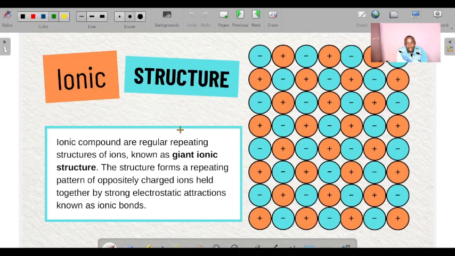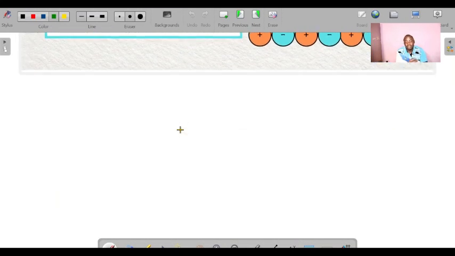So for any compound that we can imagine made up of a metal and a non-metal, we can have a few examples. You can have the likes of magnesium chloride, aluminium oxide, calcium bromide, and calcium oxide.